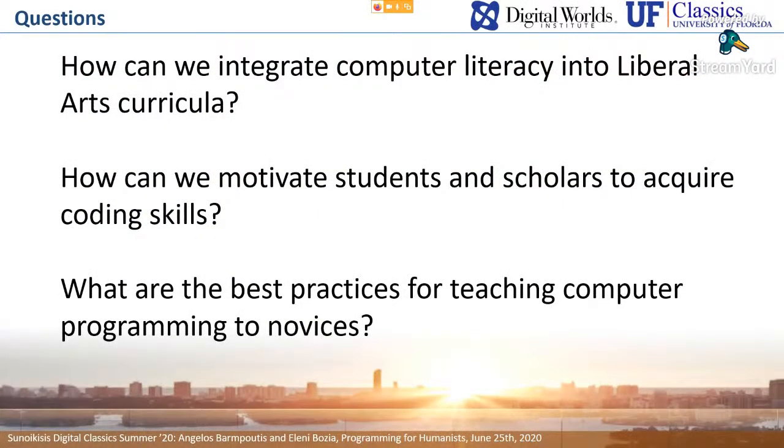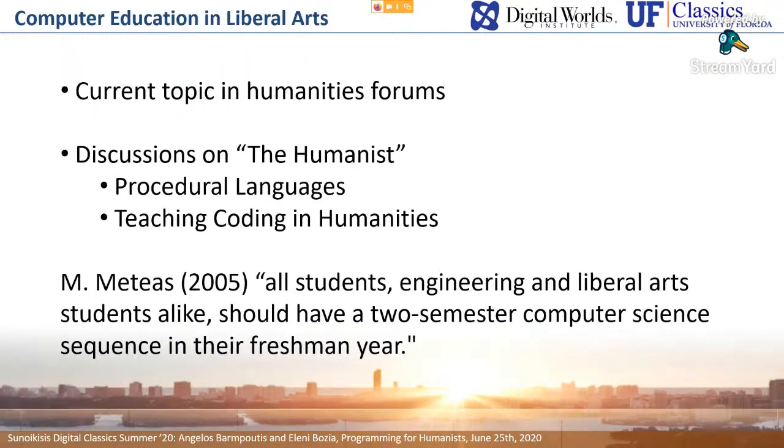Additionally, as I mentioned before, there is always the inherent difficulty to relate humanistic experience with natural language to abstract programming concepts. Questions such as the ones on the slide have further complicated the teaching of programming in the humanities. And there have been several discussions, both in the form of journal publications and books, as to how to teach programming to humanists, as well as discussions on the Humanist list and on other humanities fora.